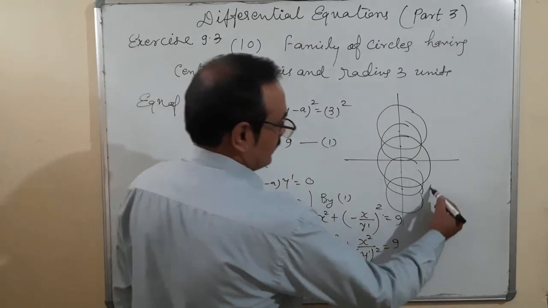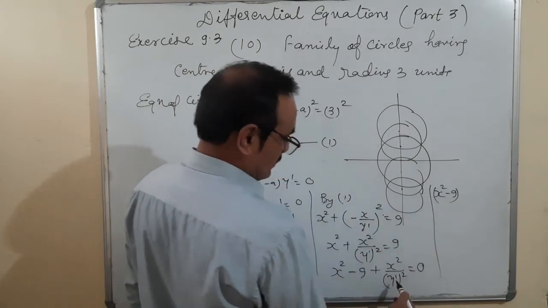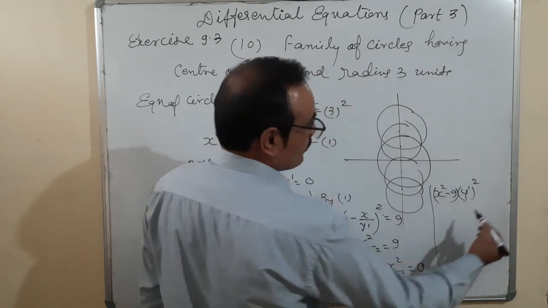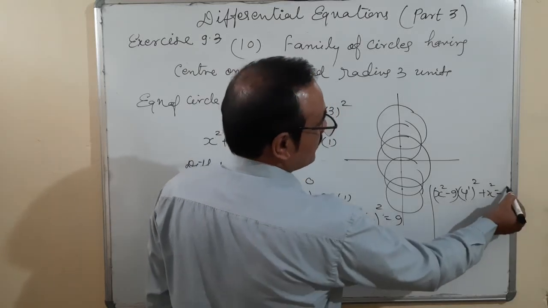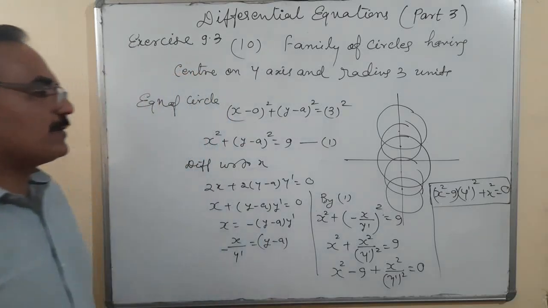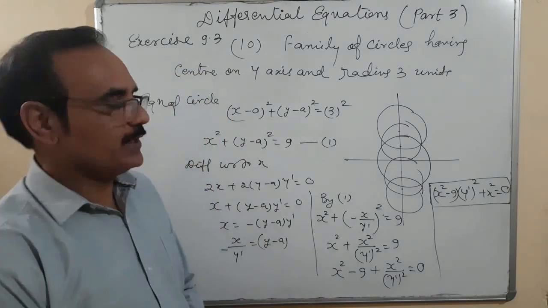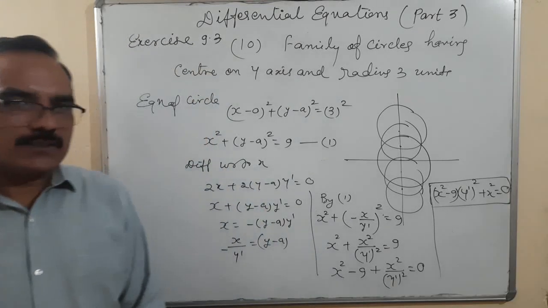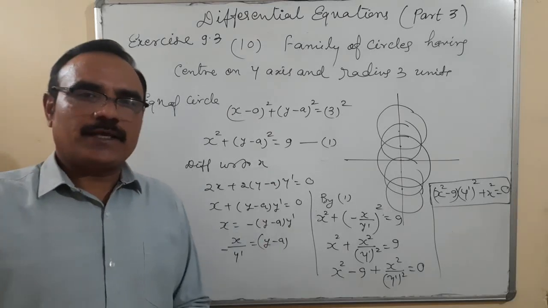That means it can be written x square minus 9 multiplied by y dash square plus x square is equal to 0. So what is this? This is the family of circles, center on y-axis and radius 3 units. Is that okay? Clear? So this is the last question of this exercise which I have discussed. Thank you. Thanks for watching.